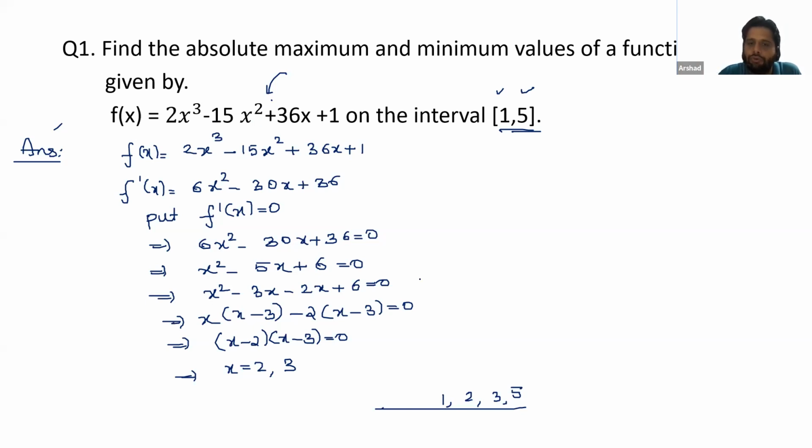Okay, now you have 4 points. Please put these points in the function and tell me what maximum and minimum value you are getting here.